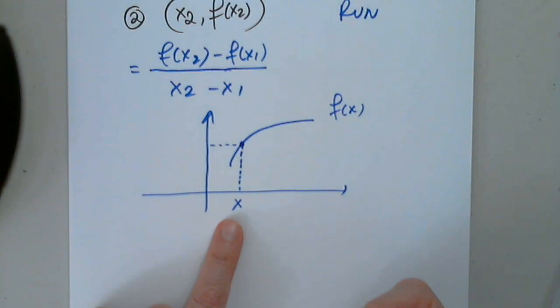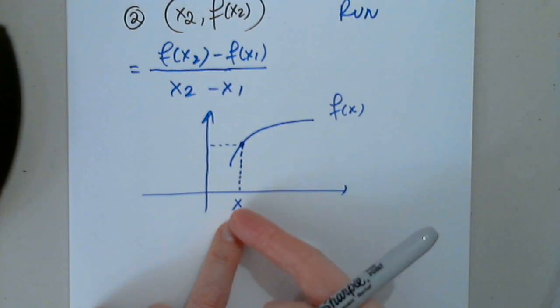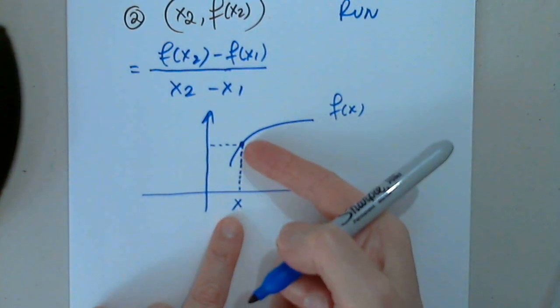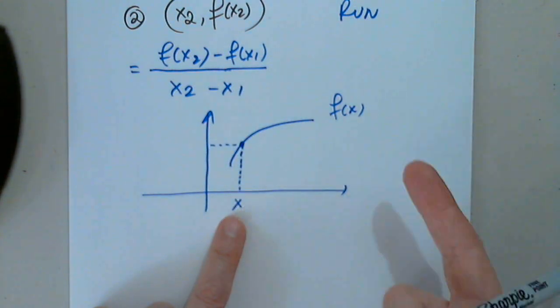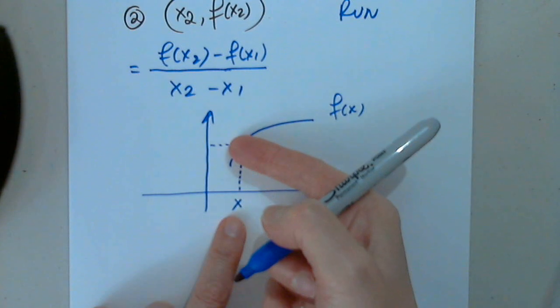Anyone? Can you ask the question again? Yes. If I have x, if I have 5, how do I get the y value? If this is 5 or 10 or x, doesn't matter. How do I get the y value?